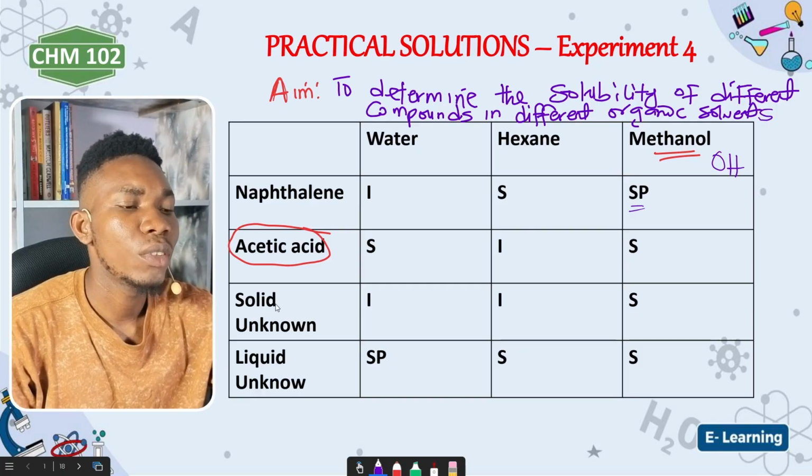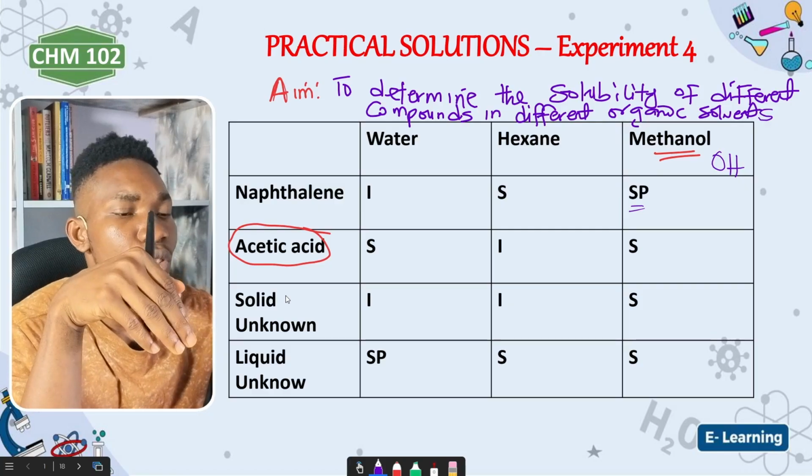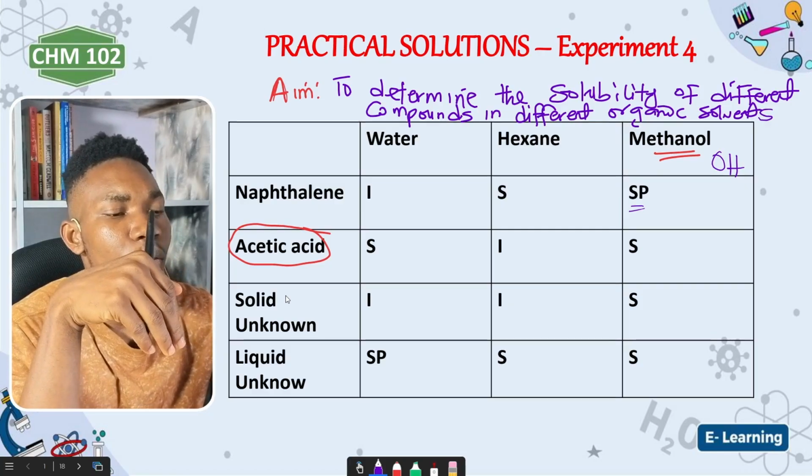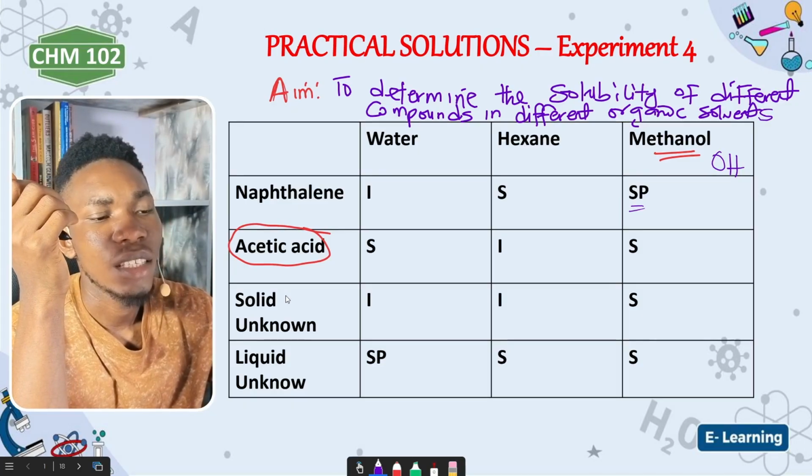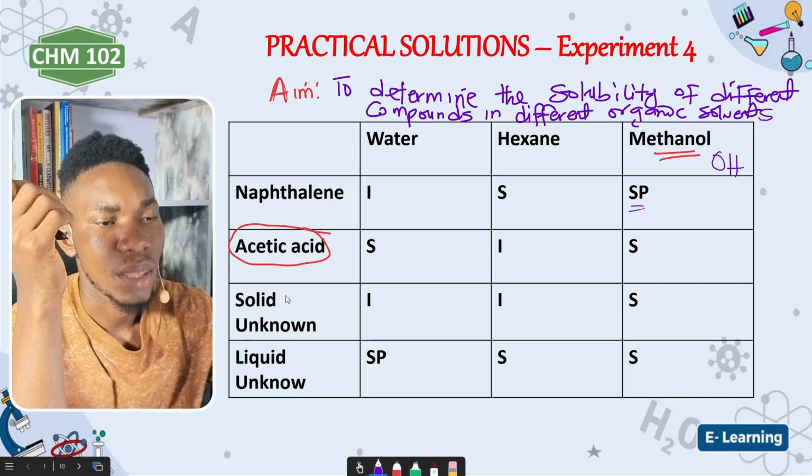Then for the solid unknown, this is where your discussion should be based. Now for the solid unknown, it is insoluble in water, insoluble in hexane, and it is soluble in methanol.